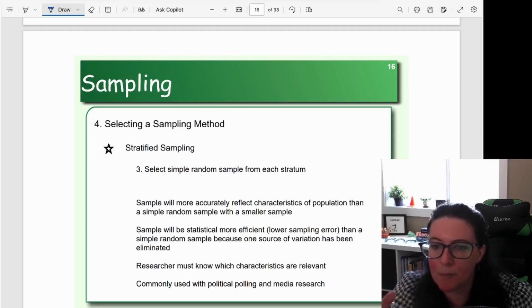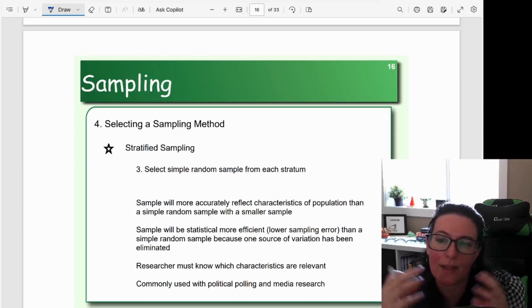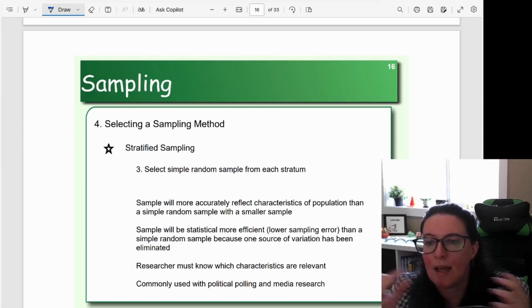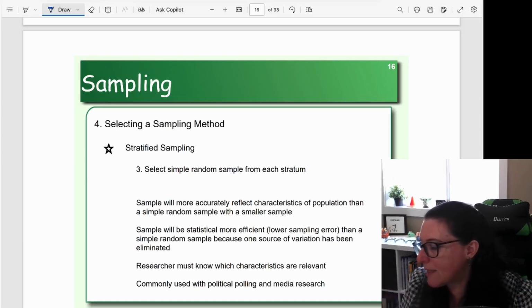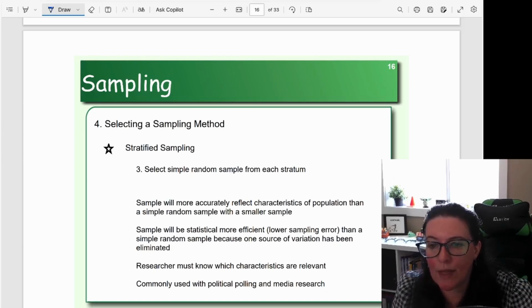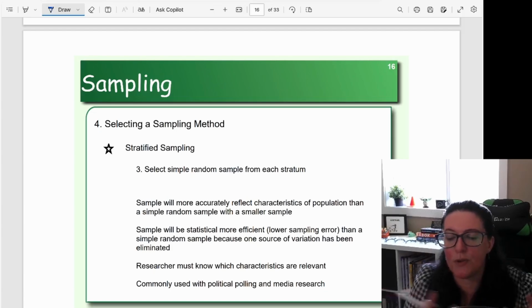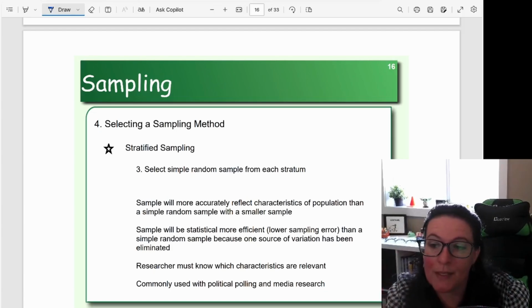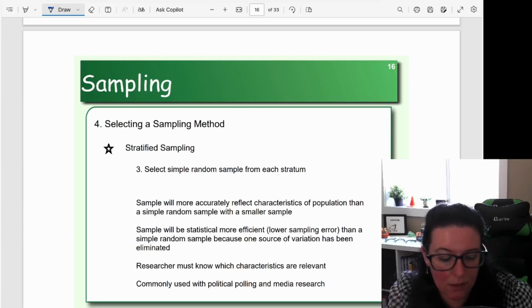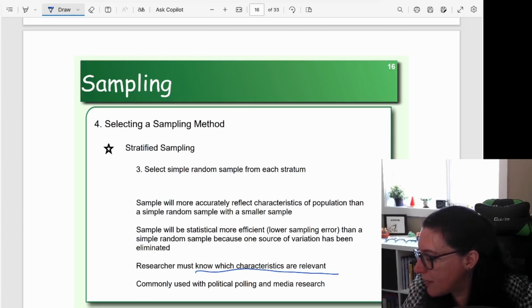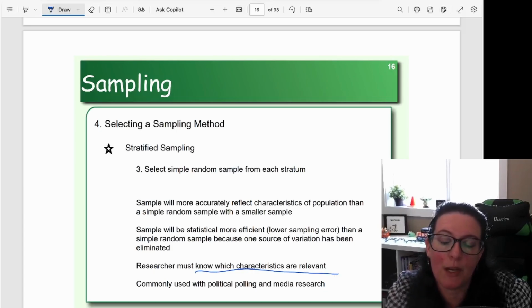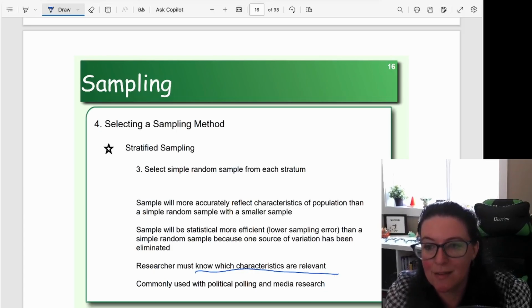So that sample then will more accurately reflect the characteristics of the first years. And so what we've done is we've lowered that sampling error by using that simple random sample, but we've also made sure that we have the difference in terms of opinions and perspective based on these cohorts that are important. So you must know which characteristics are relevant and have some historical information that leads you to that.